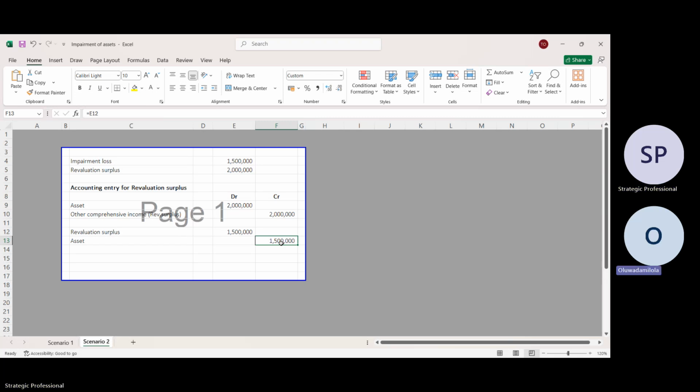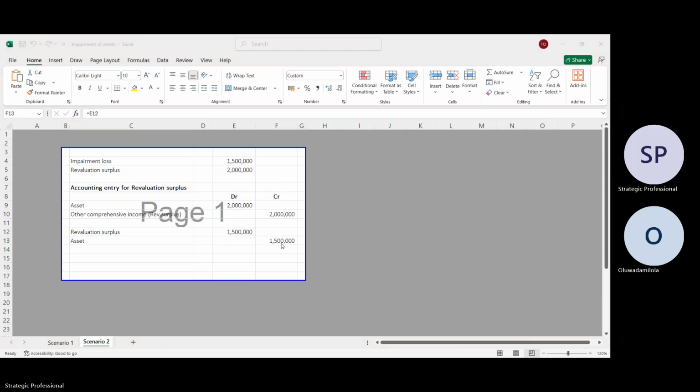So what will happen to the 500 balance from the revaluation surplus? It has reduced. It has been impaired already. So what it means is that the revaluation surplus you have in year one, that is 2 million, has now reduced in year two to 500,000. It has reduced by 1.5 to 500,000. Do you get?